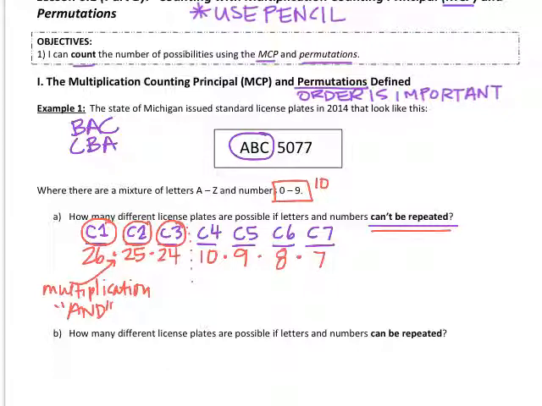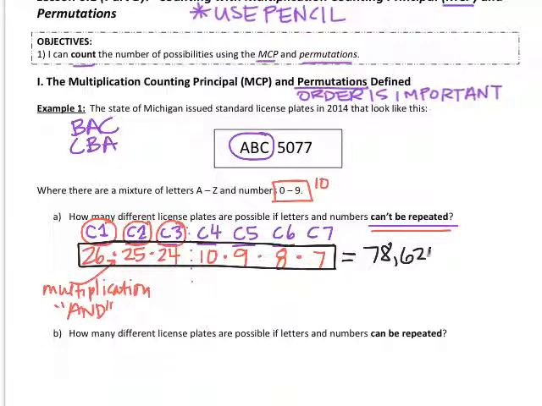So when we multiply all of these numbers together, we find out the number of ways that we could get the license plate if we don't have any repeated digits, and that was 78,624,000. Okay, and that's unique license plates in the state of Michigan using the format that we have shown here, 3 letters and 4 numbers.